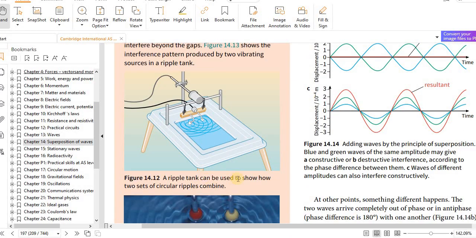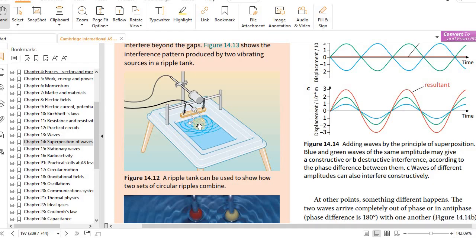A ripple tank can be used to show how two sets of circular ripples combine. So we have circular wave fronts here, and this is one dipper. Now you can see it's connected to the same vibrating bar. So this vibrates at a rate that we want, and it's a constant rate.